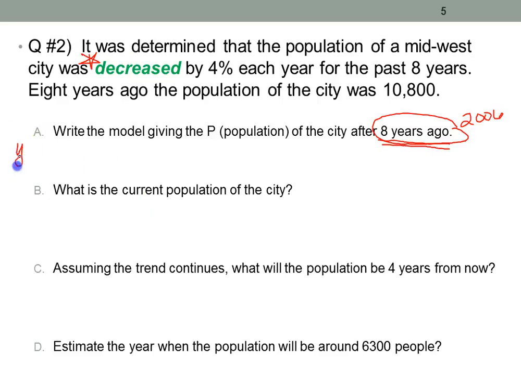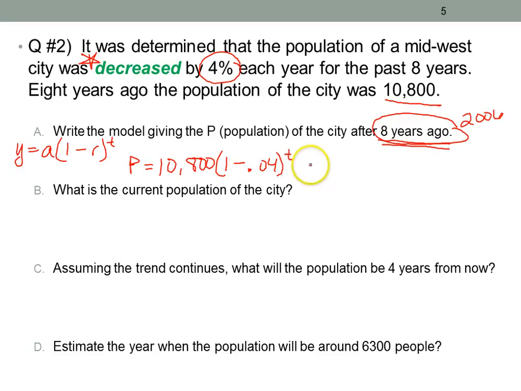So when we're doing this one, we have y equals a(1 minus r) to a power of t, since we have decreased now. So we have population equals, a is our starting point. Our starting population was 10,800. 1 minus our rate, which is 4%. Again, we have to write this as a decimal, so 0.04, to a power of t.